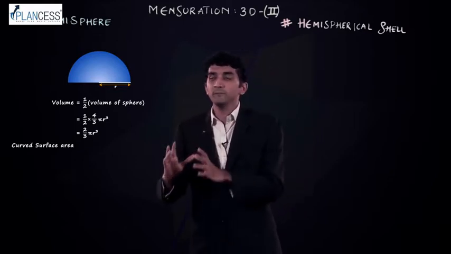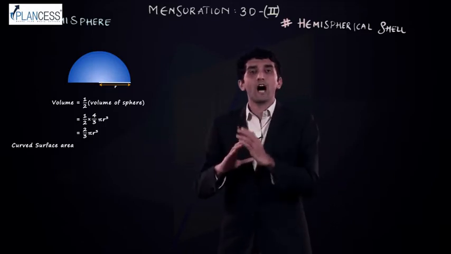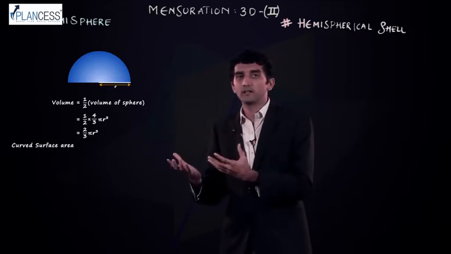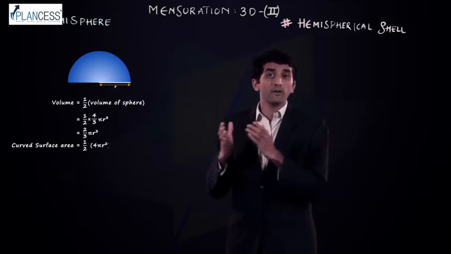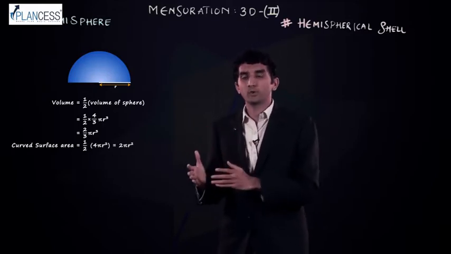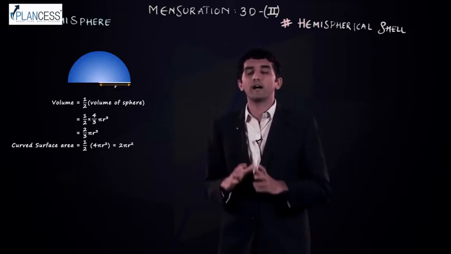So firstly, the curved surface area of a hemisphere is half of the surface area of a sphere. So that is going to be half of 4 pi r square, which is 2 pi r square. So the curved surface area of a hemisphere is just 2 pi r square.